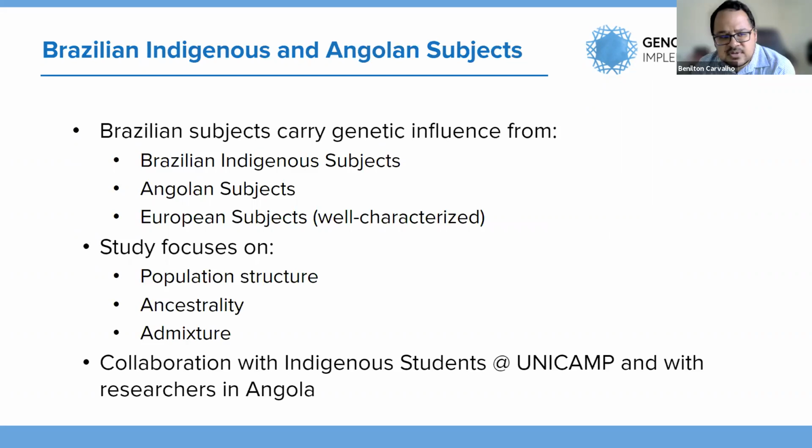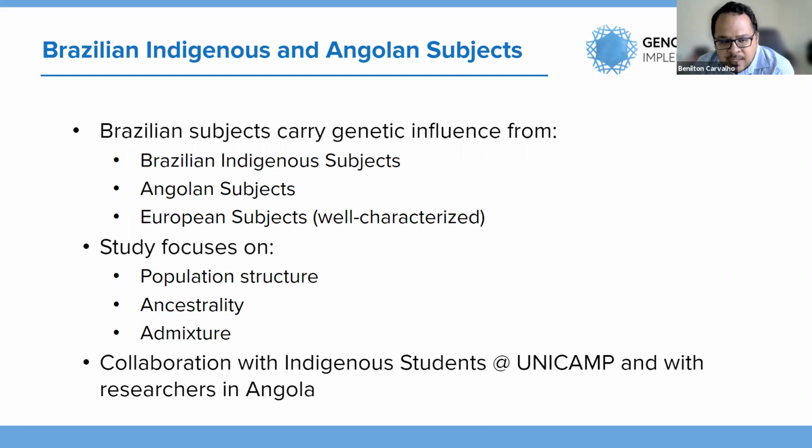On the second and third projects, we need to remind you of a little bit of Brazilian history. Brazilian subjects have strong genetic influence from Brazilian indigenous subjects, also from Africa, and more specifically from Angolan subjects, and also European subjects. European subjects have been known for a while to be well characterized in omics studies.